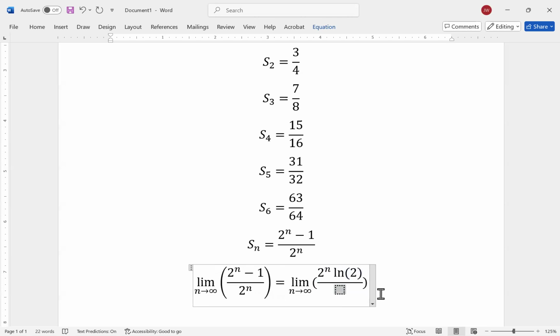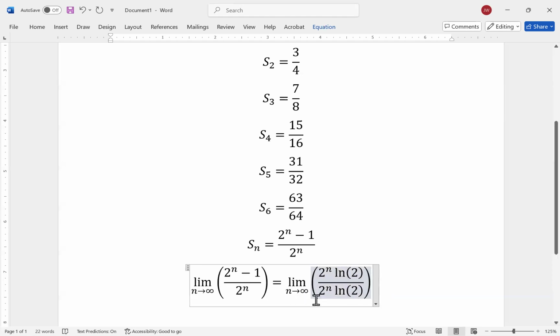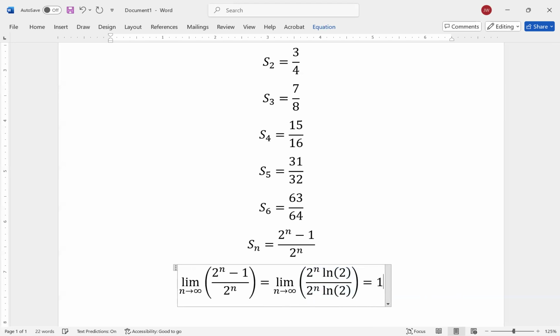The derivative of the bottom is also 2 to the n times the natural log of 2. The minus 1 would go away. And that's pretty obviously always 1 when you do an algebraic simplification.